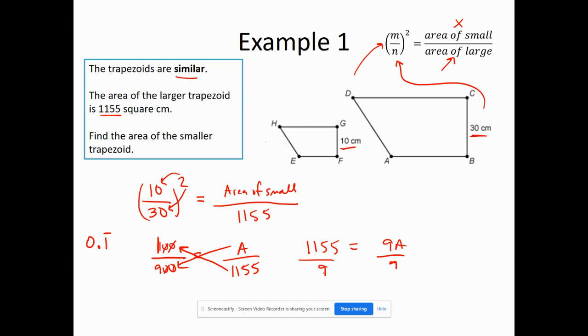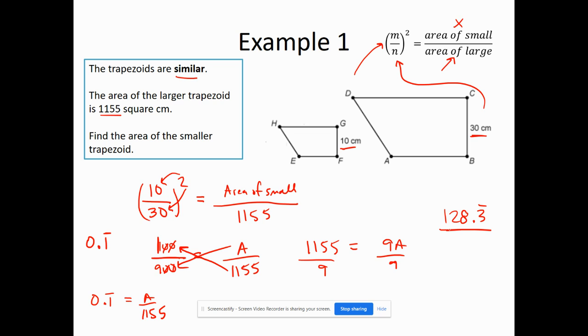So 1155 divided by 9 is 128 and 1/3, so 0.333. If you had the decimal at that point, 0.1 repeating equals a over 1155, then you'd have to do 1155 times 0.1, and you have to type in a bunch of ones, or type in 1/9. You get the same thing.